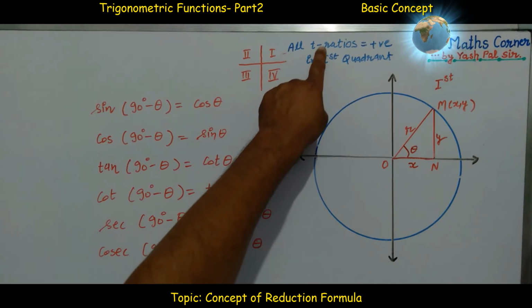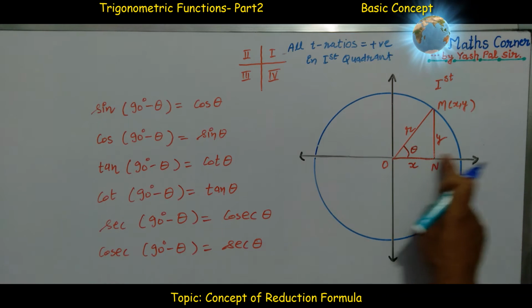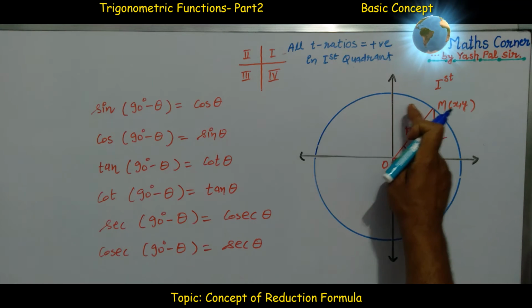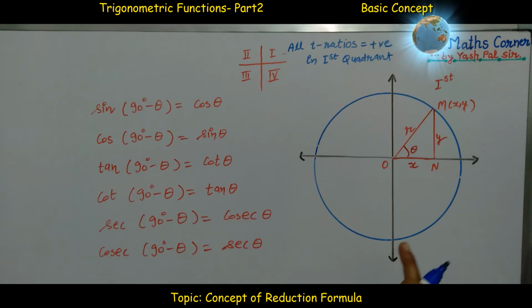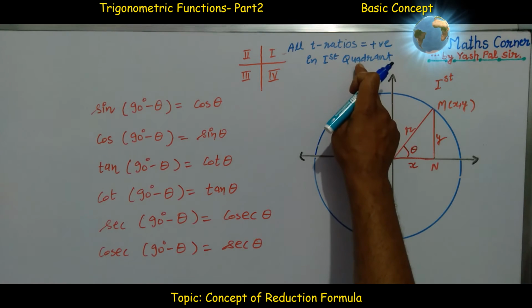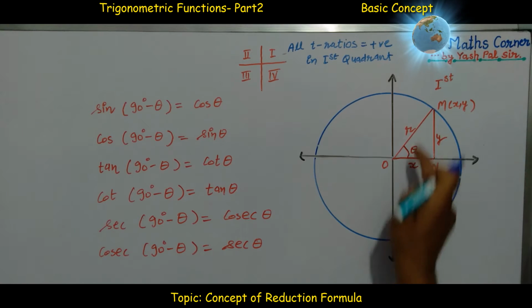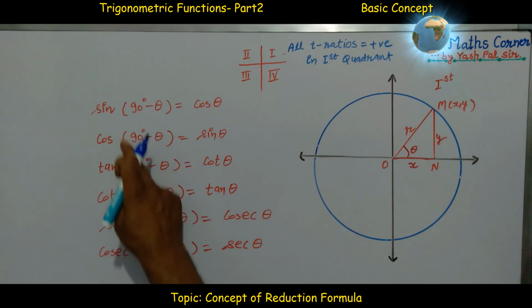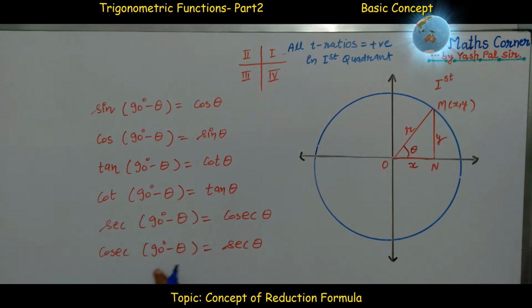When the whole circle is divided into 4 equal parts, in mathematics we term these quadrants: first quadrant, second quadrant, third quadrant, fourth quadrant. In the first quadrant, all the t ratios are positive.